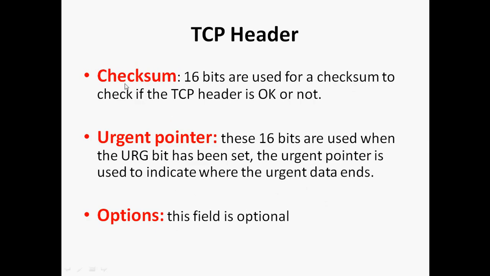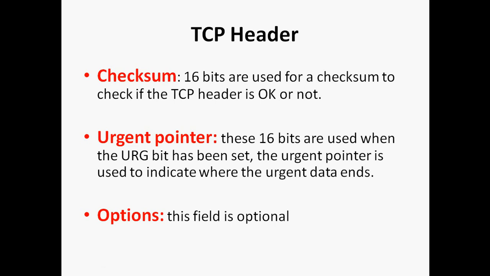Next field, checksum. 16 bits are used for the checksum to check whether the TCP header is okay or not. Same as in the IPv4 header, where we also discussed the checksum, in the TCP header the checksum is used too. The receiver should receive the data as it is from the sender.